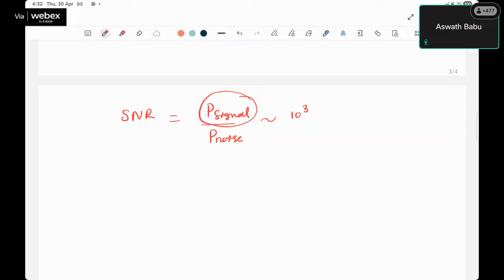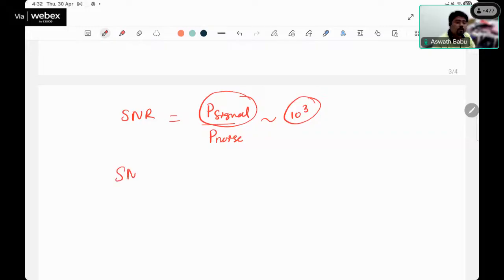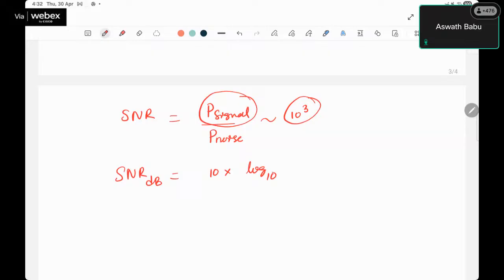So instead of giving such a large number to specify SNR, people specify it in terms of decibels. How? You take SNR in decibels as 10 multiplied by log to the base 10 of the conventional SNR. So here, 10 into log 10 of 10 cube is simply 30 dB.